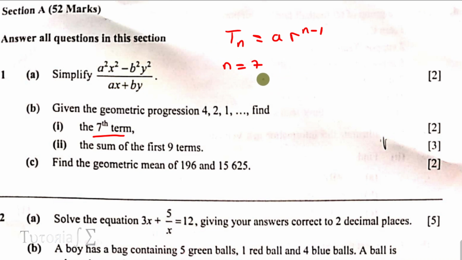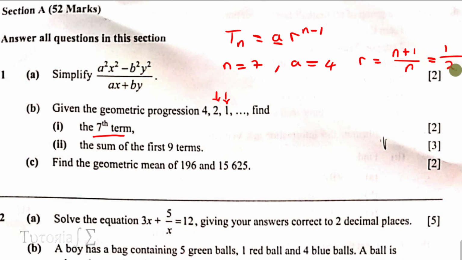Okay, so what is a, the first term? The first term in this case is 4. And r, we said to find r, it's the next term divided by the preceding term. So the next term, we can even pick here, it will be the same throughout. The next term is 1, divided by the preceding term of 1, which is 2.